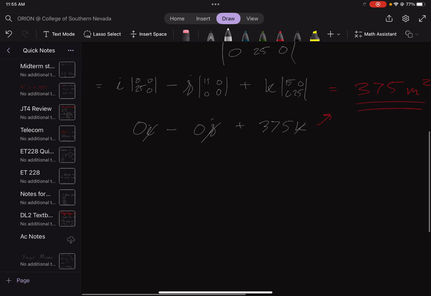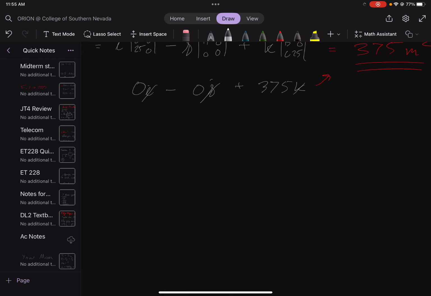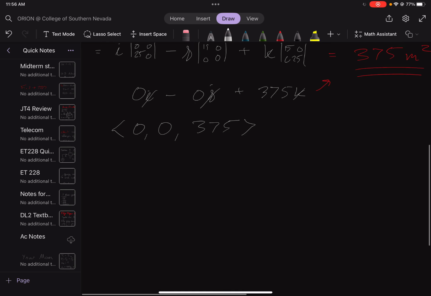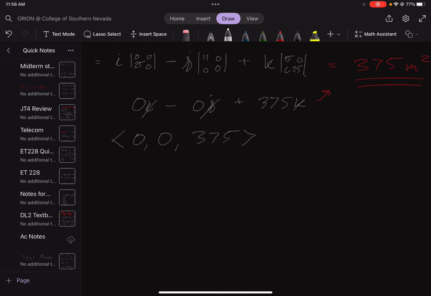So we have that calculation, and then we also have the calculation as the cross product of the two vectors as another vector for itself, which is just 0, 0, 375. So that we'll basically use this as our n.